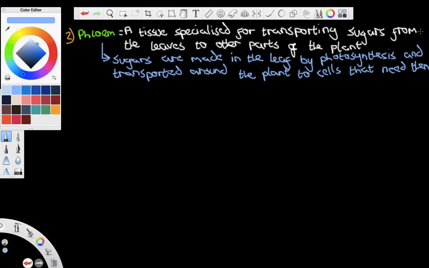Now, the phloem cells are placed end on end and they have holes in them like a sieve, okay?